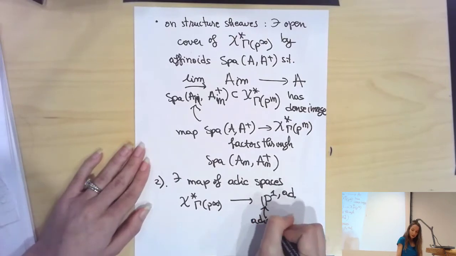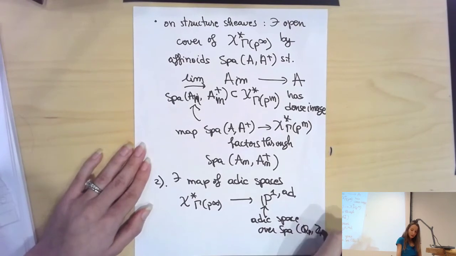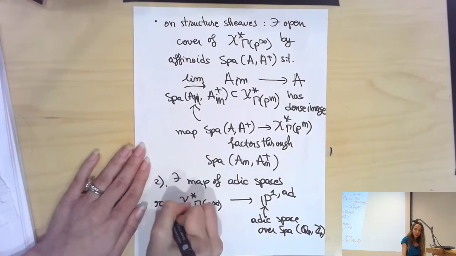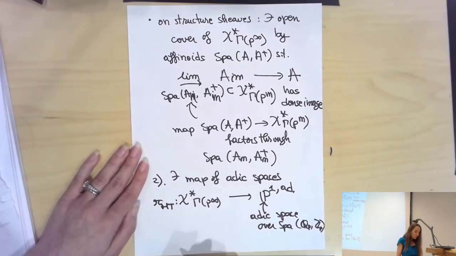This is an adic space over Spa Q_p, C_p. And this map is the Hodge-Tate period morphism. I'm going to denote it pi Hodge-Tate. So there is such a map.